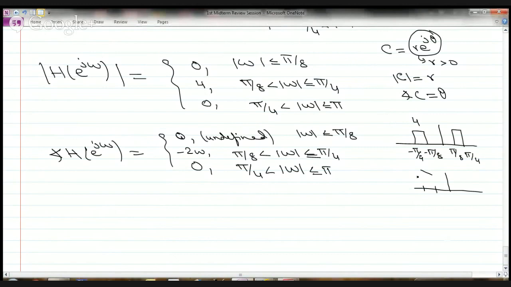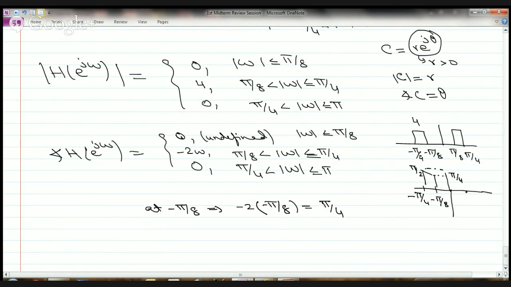What is the value at minus pi by 8? At minus pi by 8, the phase is minus 2 times minus pi by 8, so that is pi by 4. So this point is pi by 4. And at minus pi by 4, we'll have pi by 2 phase. So this is the phase.